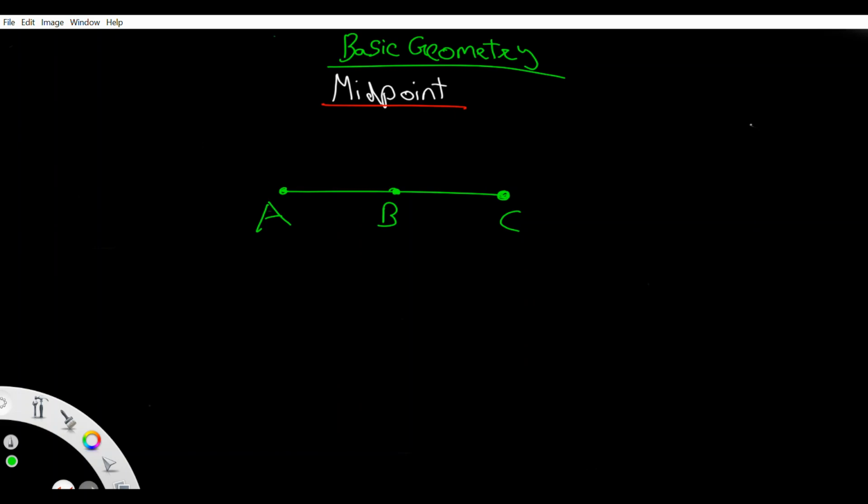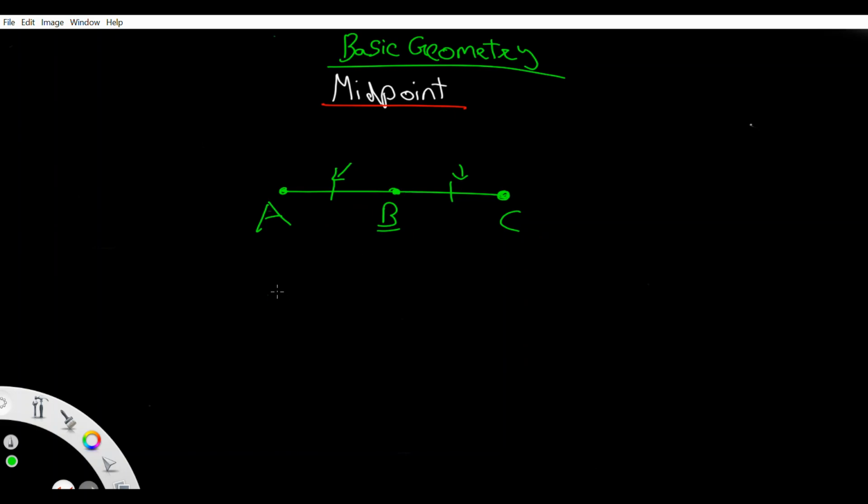But what does it mean? It means that B divides the segment into two equal parts. So this and this are equal. When you see these marks, they mean that they are congruent. So segment AB is congruent to segment BC because this is the middle point.